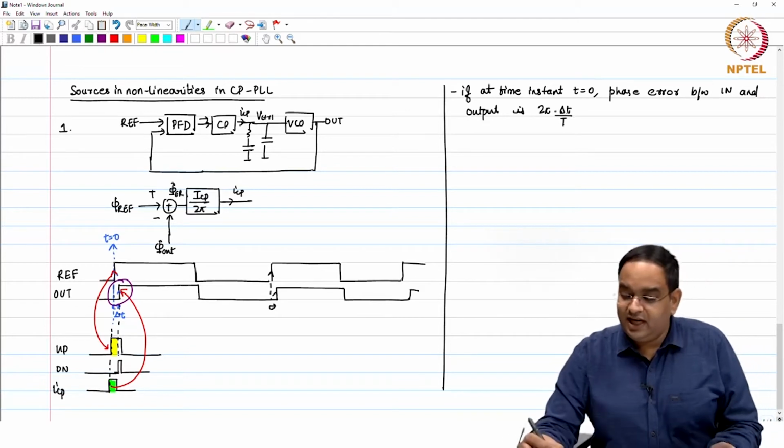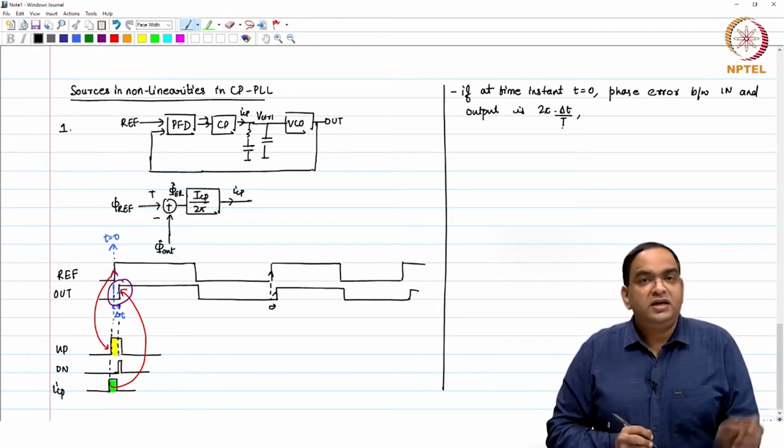If this is the phase error at time instant t, it does not remain the same.